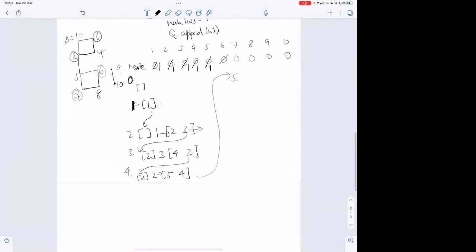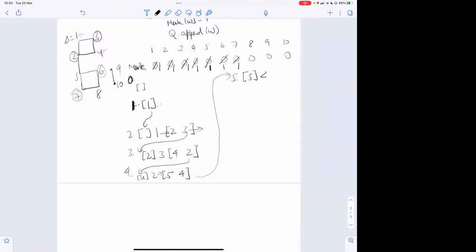And 6 and 7 will be marked, and we will put them in some order in the queue. So we would take out 5. What am I doing? No, sorry, I missed a step.